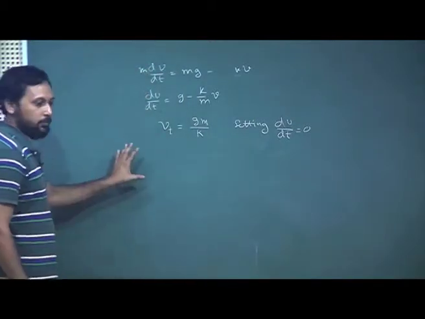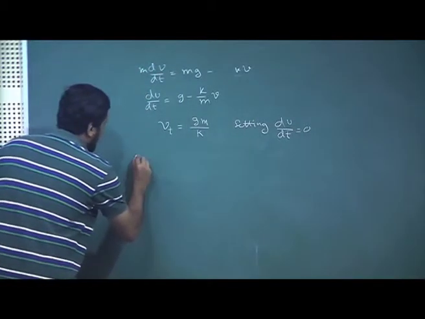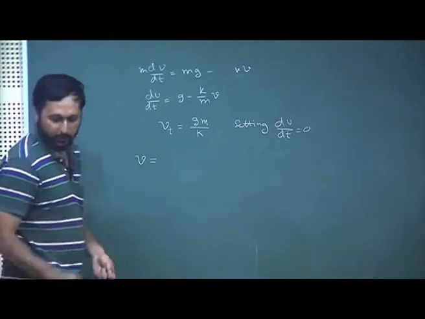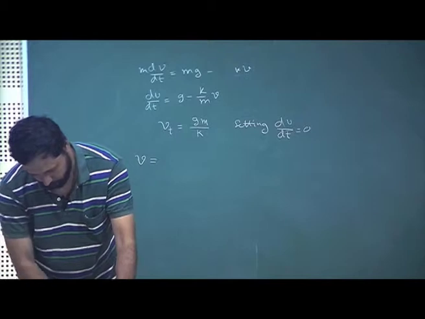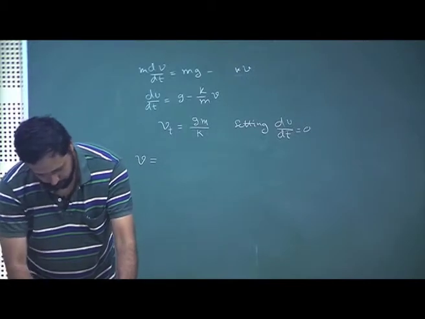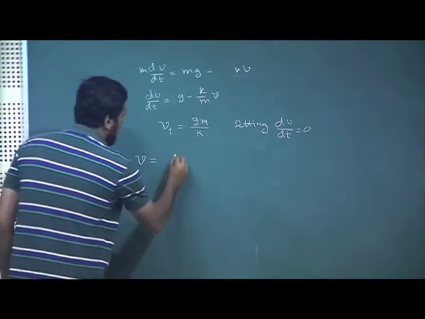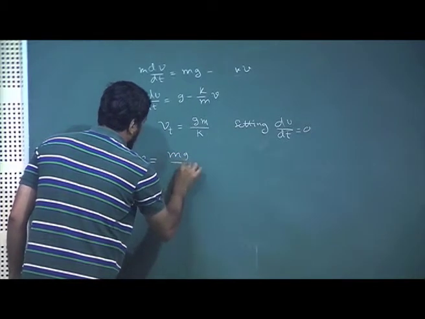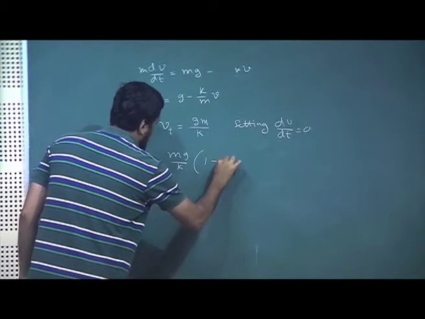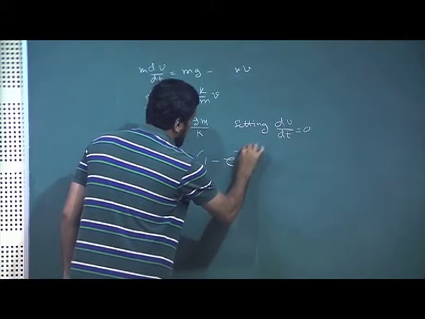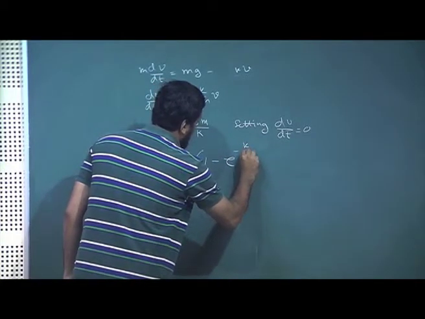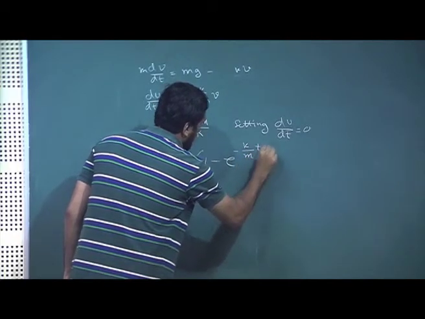Also, if we solve this full equation, we get an expression of v equal to the power minus (k/m)t.